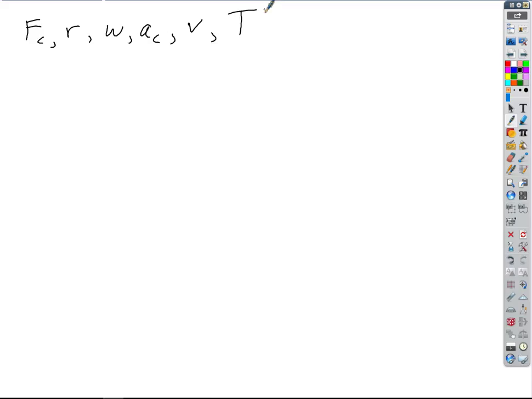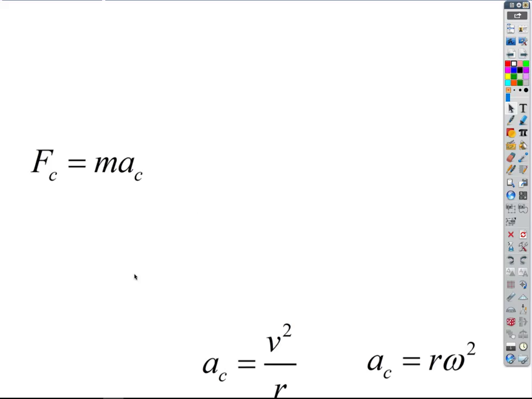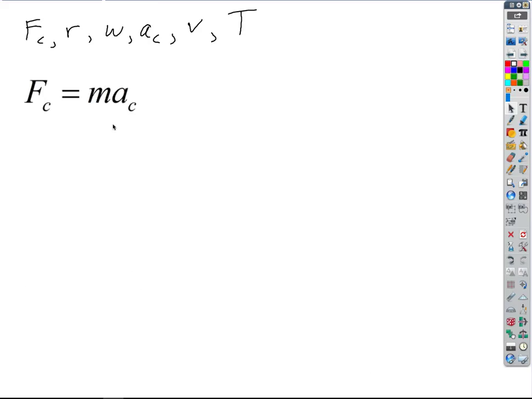What's the simple relationship between centripetal force and centripetal acceleration? Yeah, that's an easy one, right? No problem. So that related centripetal force and centripetal acceleration. What about centripetal acceleration?